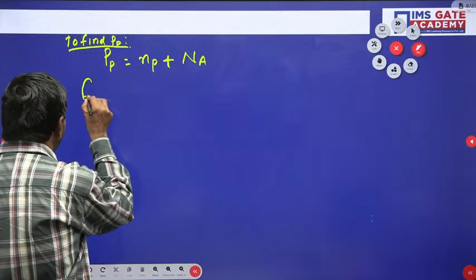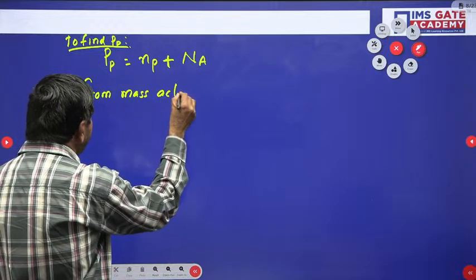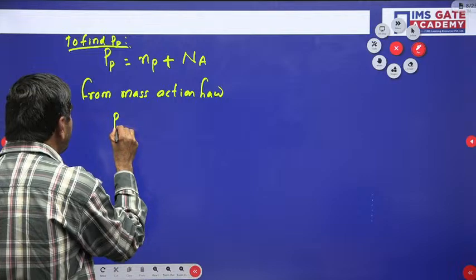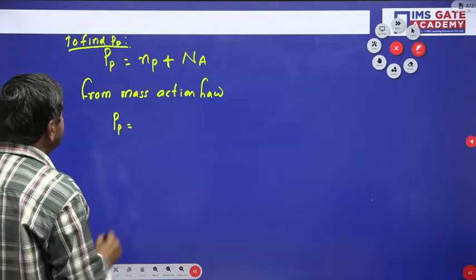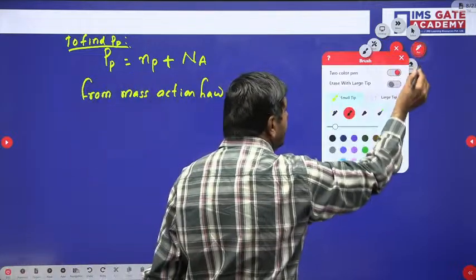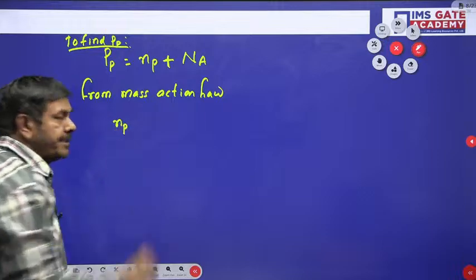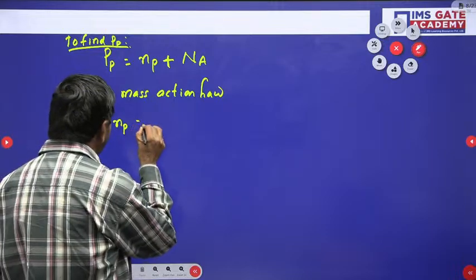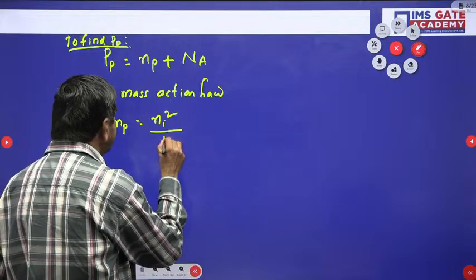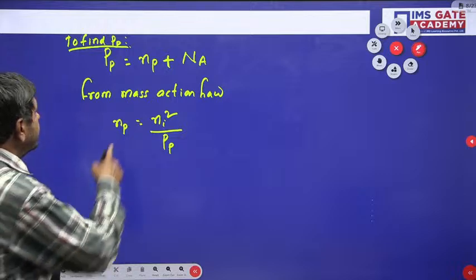From the mass action law, the concentration of the minority carriers, which is the concentration of electrons in the p-type semiconductor, I can determine: n suffix p equals Ni square by p suffix p. This we got from the mass action law.